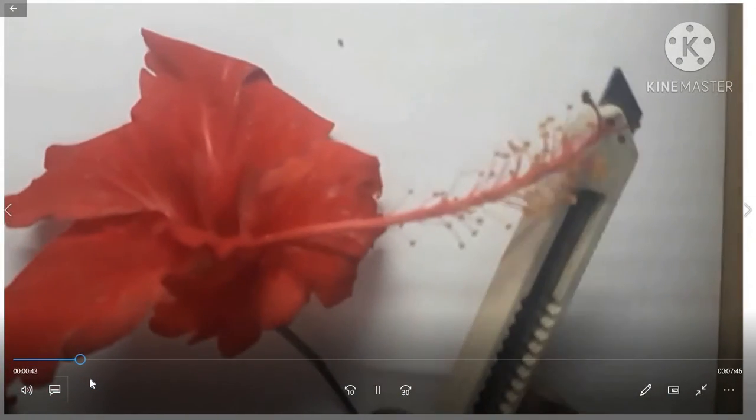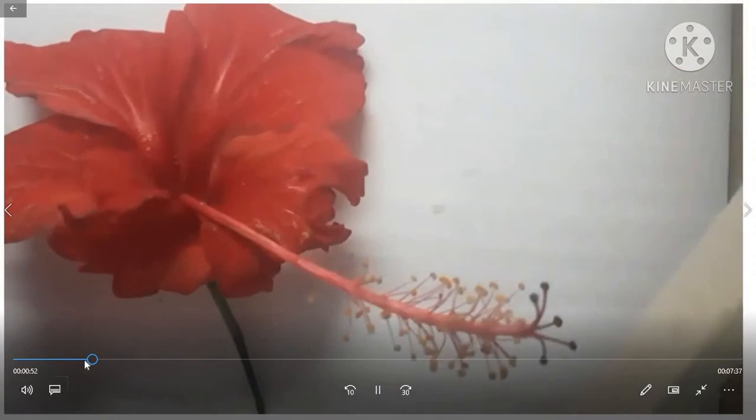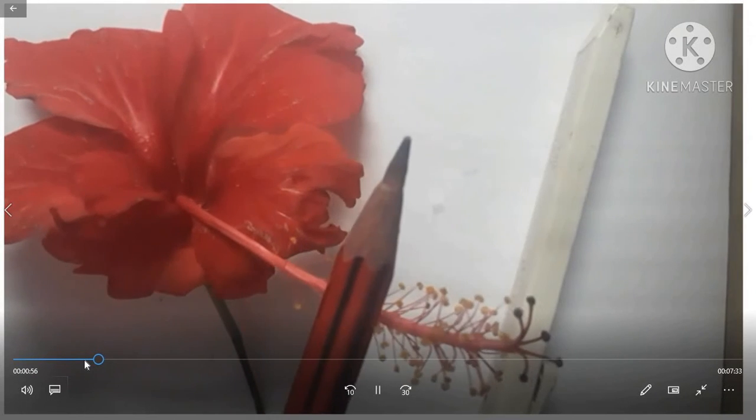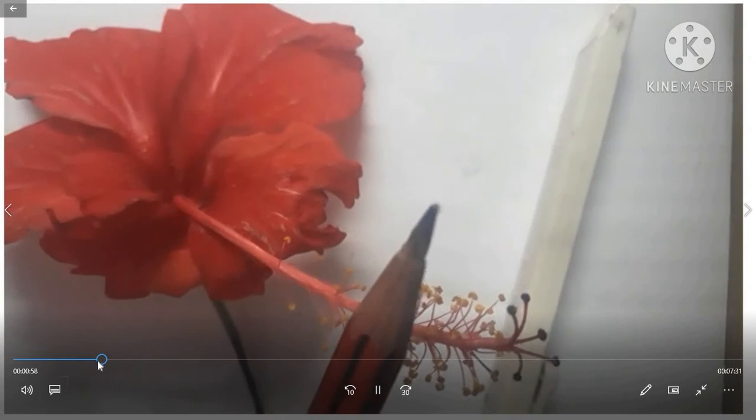Now we are going to see the different parts of the flower. This is called dissection. We are going to cut open the flower to see the different parts. The instrument that I am using is just a blade, and we can use some sharp instrument, and I am going to use today a sharp pointed pencil.